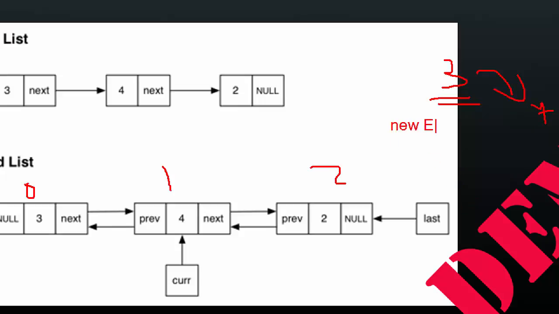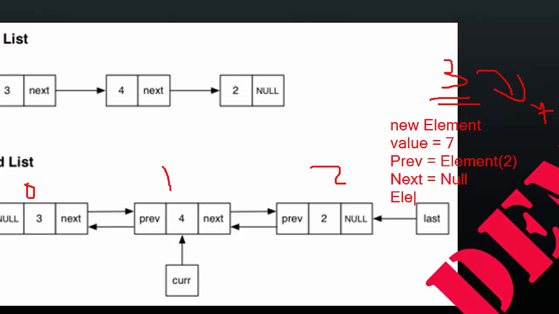So new element, value is 7. We make a pointer to the previous, so prev equals element 2. We make the next null. And element 2's next should be element 3.